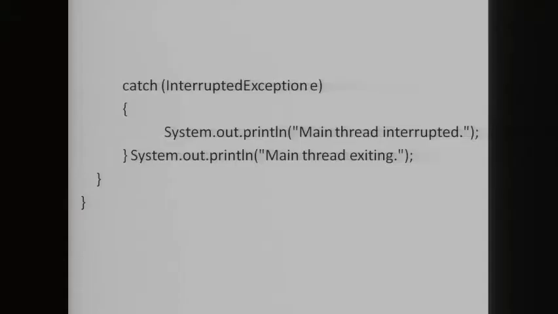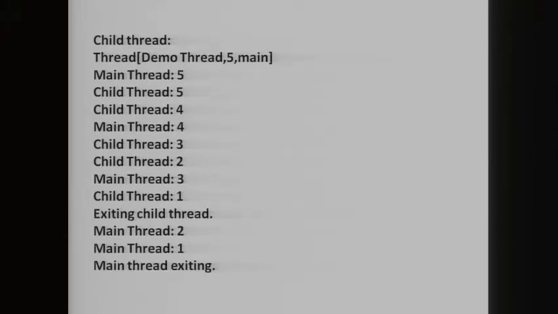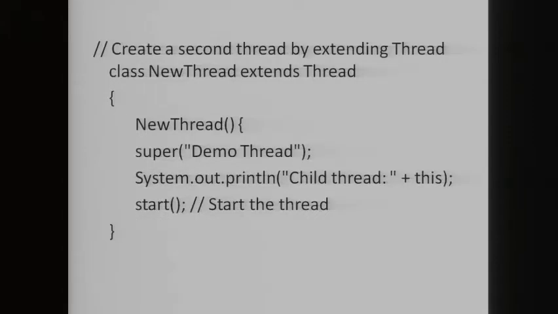So here is the catch block, and then both threads continue running, sharing the CPU until their loops finish. So this is the output produced by this program. And note that your output may vary based on processor speed and task load.